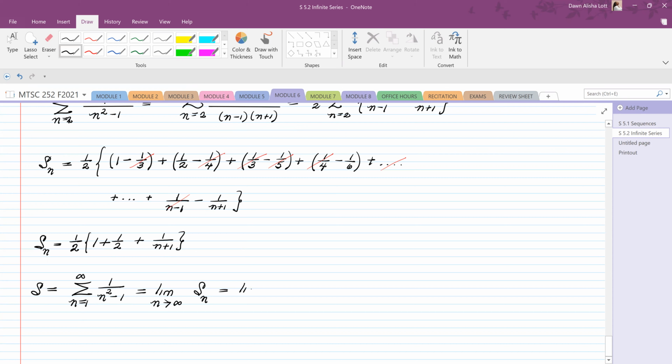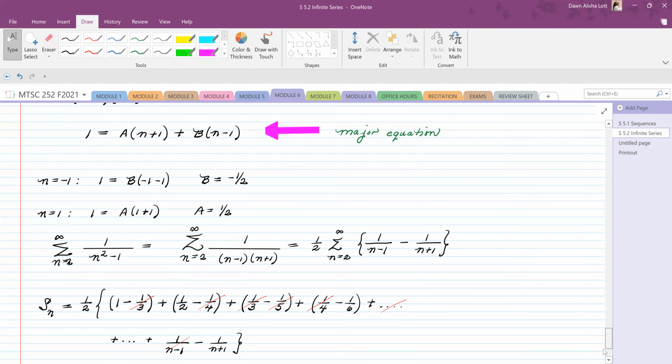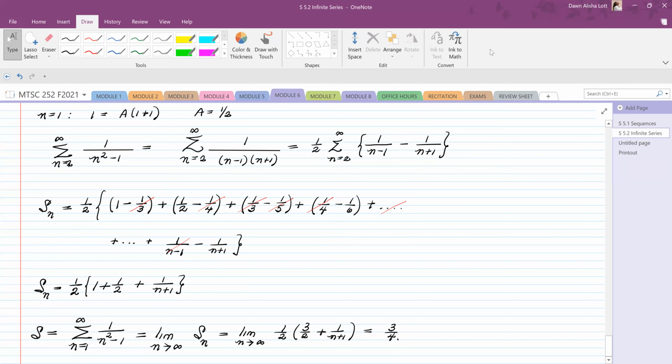So that's the limit as n approaches infinity of 1/2 times 3/2 plus 1 over n+1. So that becomes 3/4. Okay, and that's the end of that problem. Unfortunately, that was all that was left to be done on that problem.